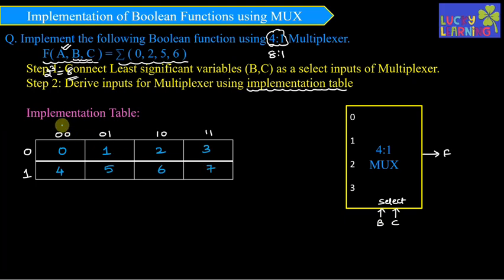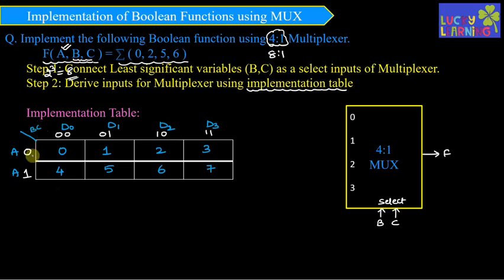Now here in this implementation table, this is for data input 0, this is for data input 1, this is for data input 2, this is for data input 3 of the multiplexer. Now here, look at this row representing A and A dash. In the first row, the value of A is 0, and these two are BCs.